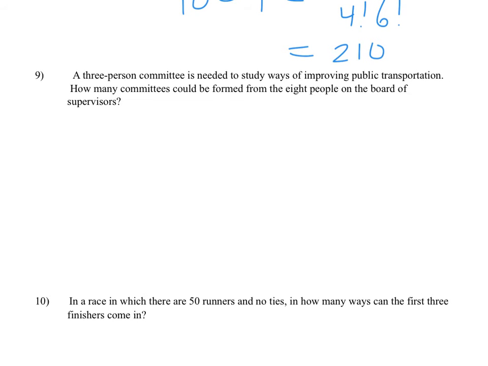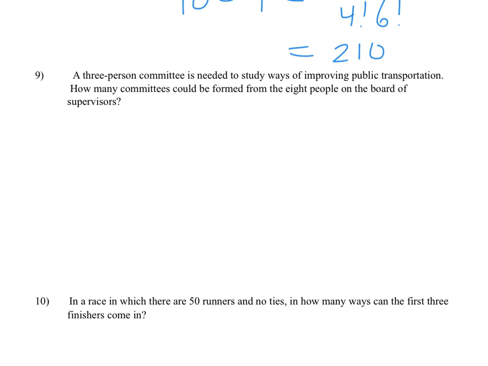For number 9, we are looking for a 3-person committee needed to study ways of improving public transportation. How many committees can be formed from 8 people on the Board of Supervisors? Well, again, order doesn't matter. It doesn't matter because there's no difference between each role in the committee, right?